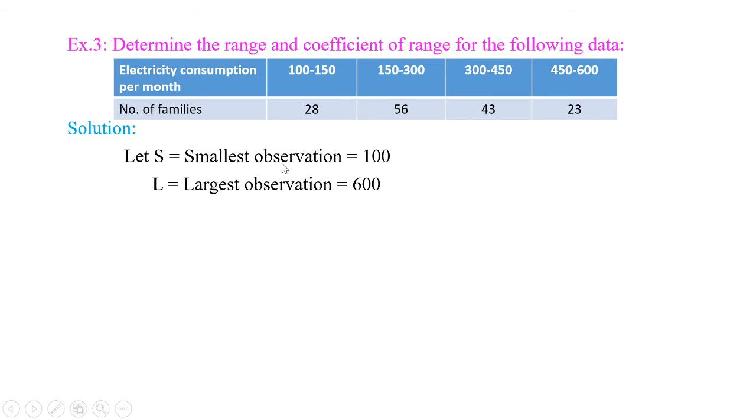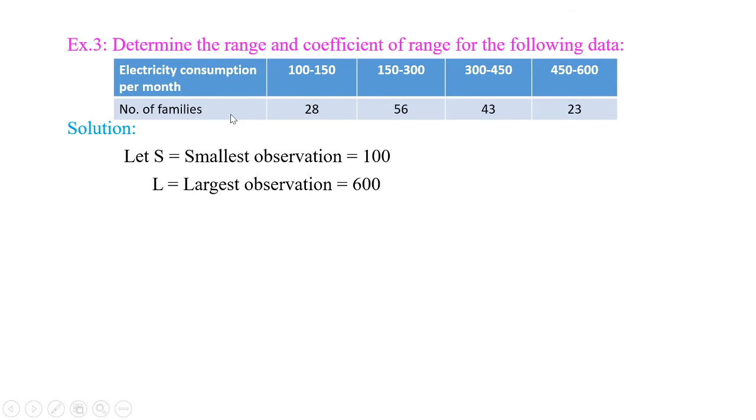Solution: let S be the smallest observation and L be the largest observation. In this problem, the smallest observation is 100, because electricity consumption per month is the class, and class means observation. Number of families means frequency.